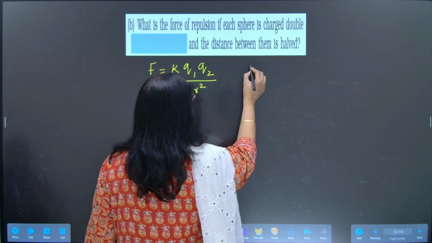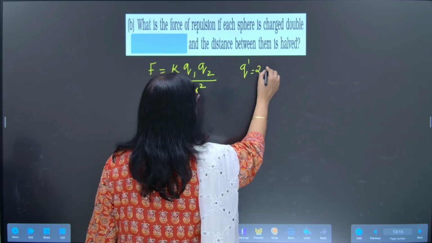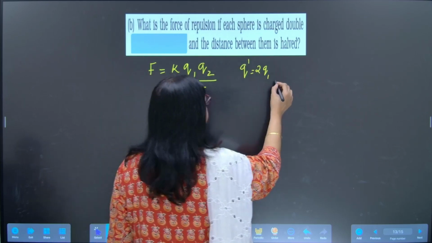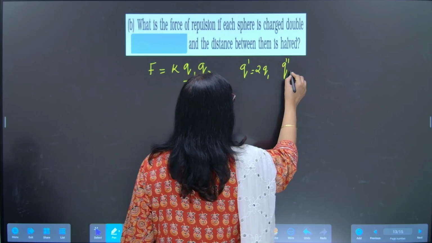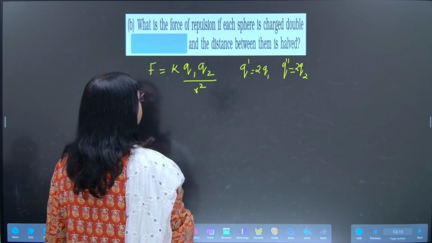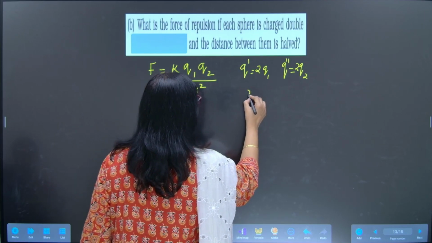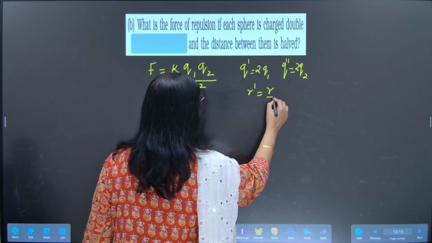So let us write another charge Q dash is equal to 2Q1, which is double the old one, and Q double dash, which is equal to 2Q2, which is double the old one. It is also given to us that the distance is halved. So let us write R dash is equal to R upon 2.